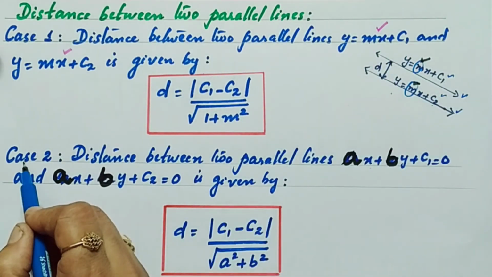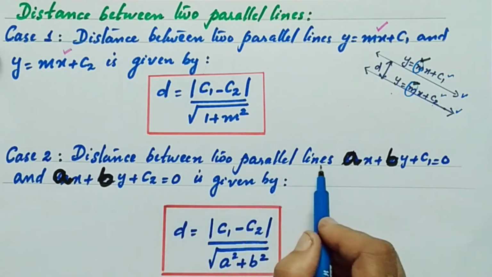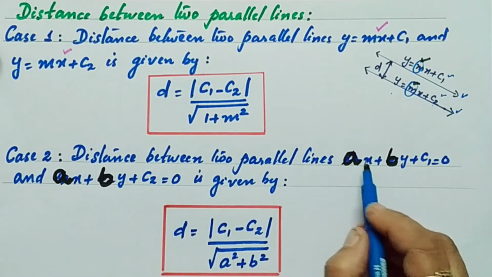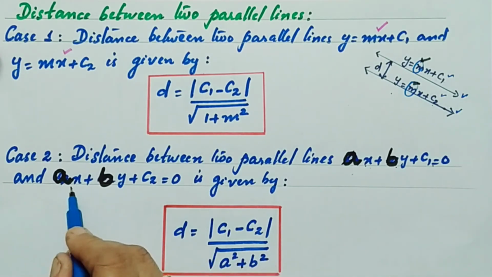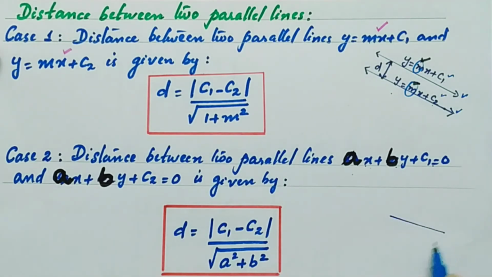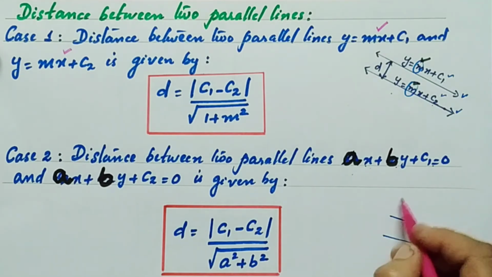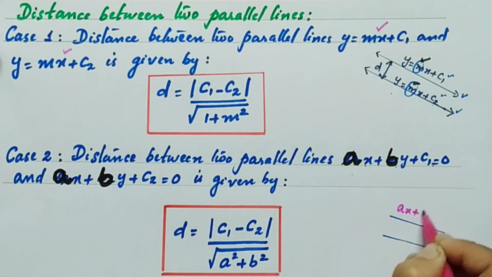But case 2 is, if you want to find the distance between two parallel lines, if they are in the form ax plus by plus c1 equal to 0 and ax plus by plus c2 equal to 0. If two lines are parallel, then when writing the standard form, the x coefficient and the y coefficient are same for both the equations.